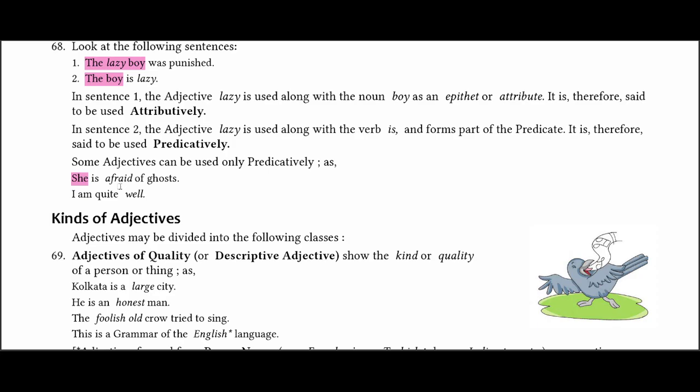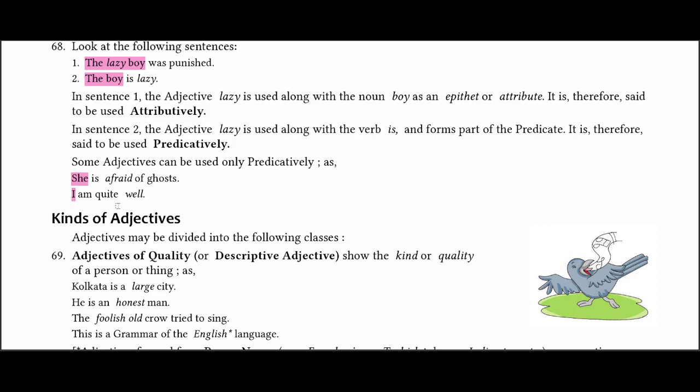This adjective can never be used attributively. Similarly, I am quite well. I is the subject. Am quite well is the predicate. And you can see well is an adjective that modifies the pronoun I. But this well or quite well is used alongside the verb. So we can say that this adjective is used predicatively.